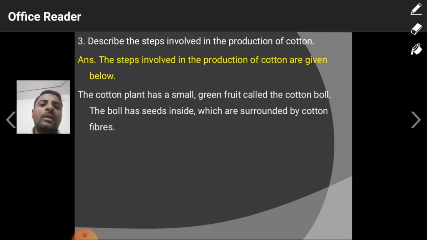The cotton plant has a small green fruit called the cotton boll. The boll has seeds inside, which are surrounded by cotton fibers.